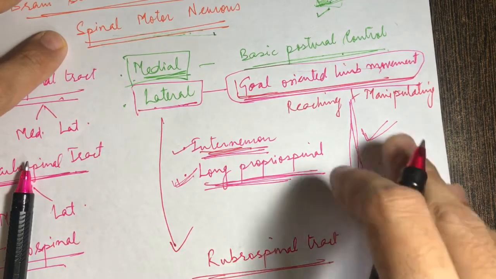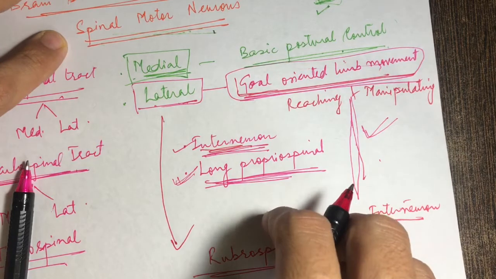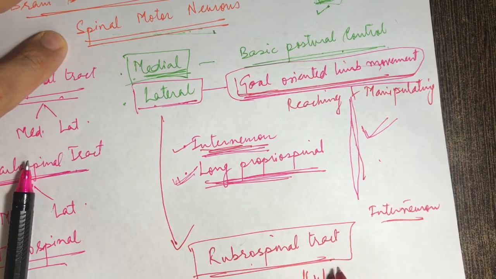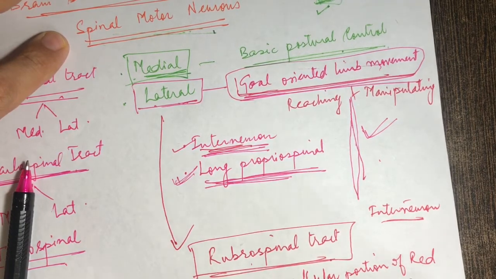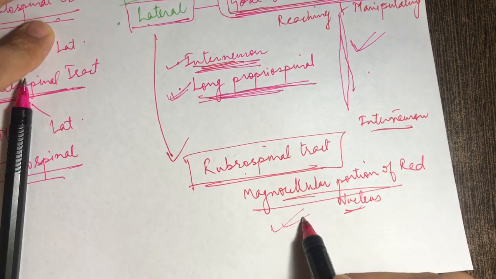The main lateral descending pathway, this rubrospinal tract, originates from the red nucleus, from the magnocellular portion. These are a few of the terminologies you have to remember: the magnocellular portion of the red nucleus.